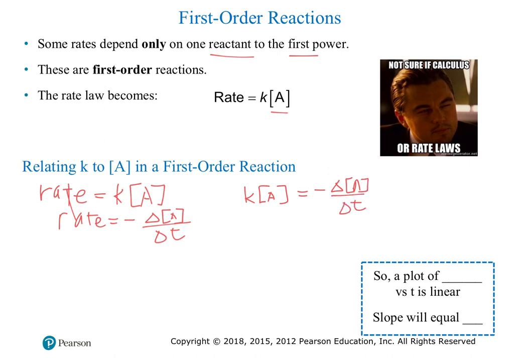So what we're going to do is rearrange so that all of the components of A are on one side, and everything else is on the other side. So we're going to move this over, divide, and move the negative delta t over.